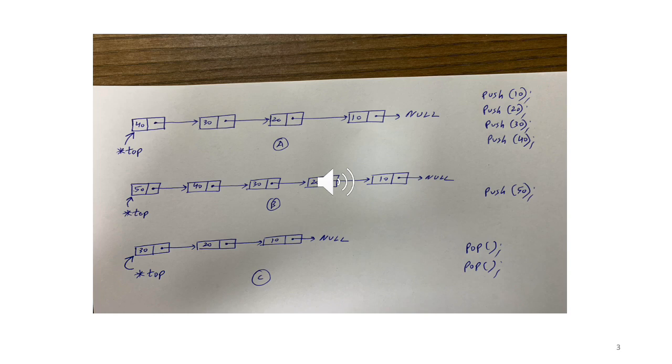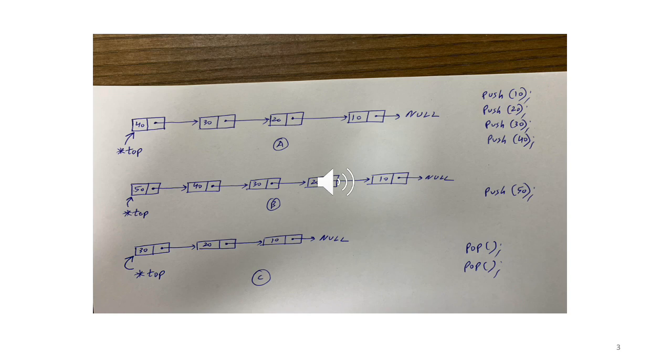Now if we call pop 2 times, the effect is that calling pop once means the node with 50 has to be deleted, and the node with 40 will be the new top. So top will again change. Calling pop again means the node with 40 data is deleted, and the node with 30 data becomes the new top.